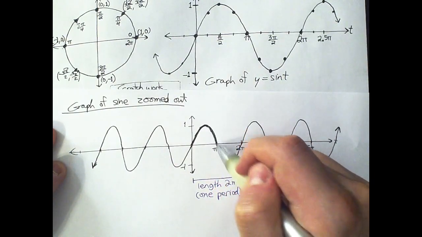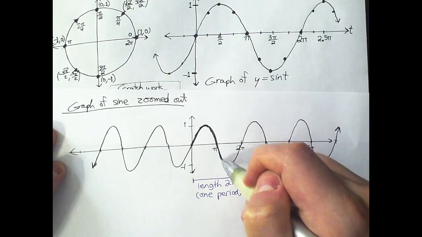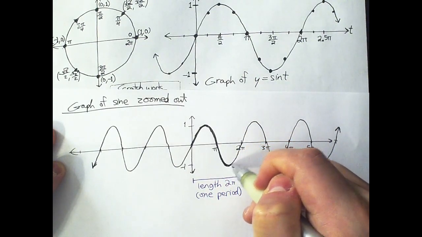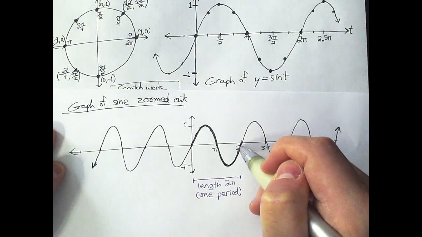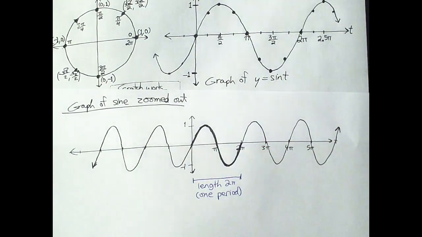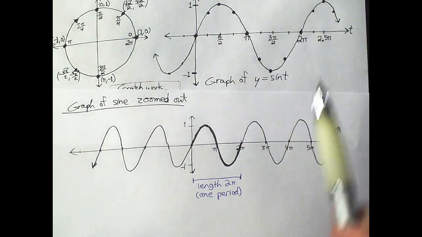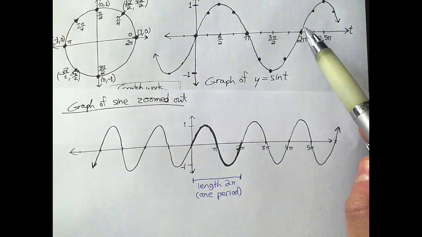Now, if you were asked to graph a picture of sine, how much of it should you draw? Well, I would say you should draw at least 1 period. If you draw any less than 1 period, then you haven't really drawn the whole shape. So draw at least 1 period, preferably a little bit more, like we did on this first picture.